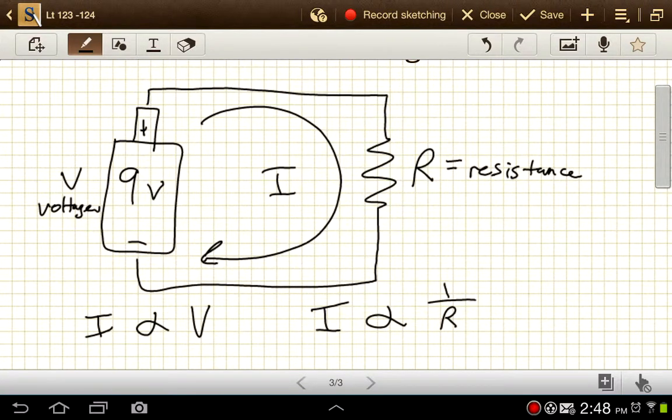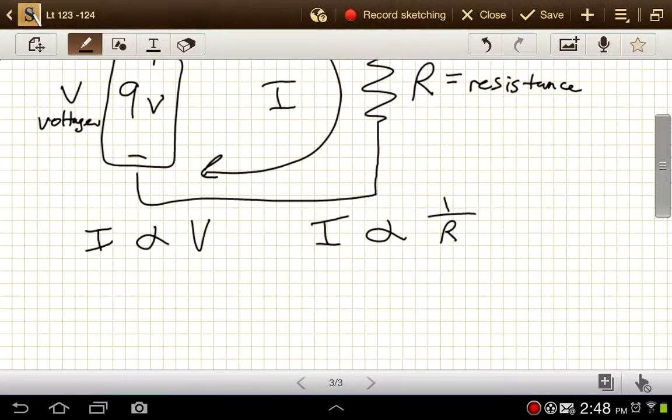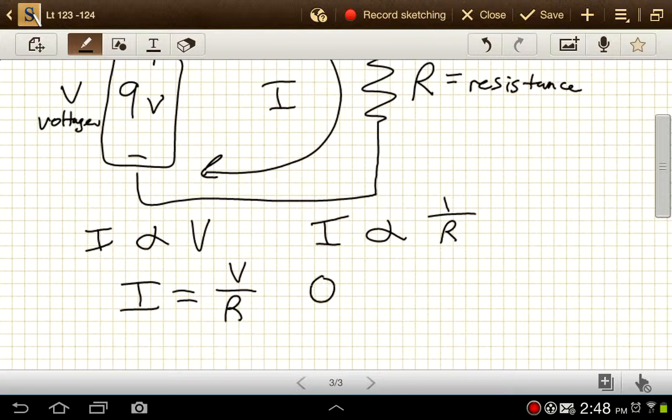As R increases, we'll see that the amount of current decreases. And so in general, we can write that the amount of current is equal to V over R, the amount of voltage divided by the amount of resistance. And this is known as Ohm's law.